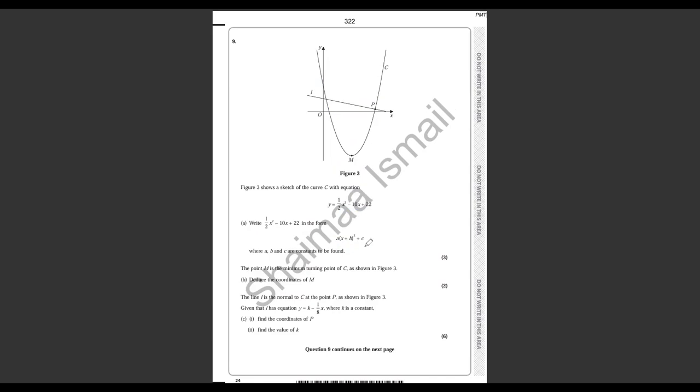So we split the half away from the x: half multiplied by x squared minus 20x plus 44.